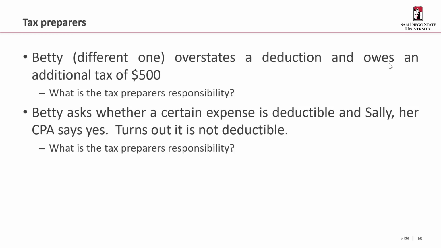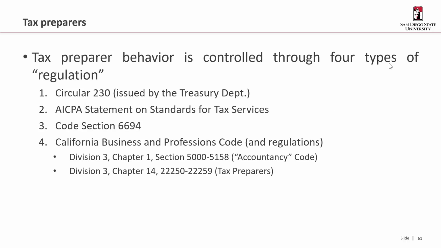So what we need to understand are, what are the responsibilities for tax preparers? So tax preparer behavior is controlled through 4 types of regulation. The first is Circular 230, which is issued by the Treasury Department. That is a regulation. The second is the AICPA Statement on Standards for Tax Services. The third is Internal Revenue Code Section 6694, which is, of course, law.